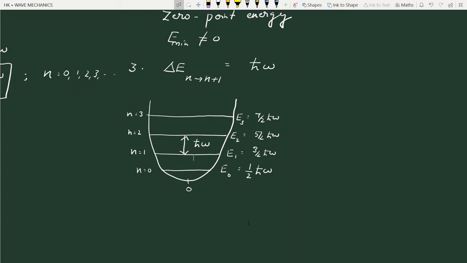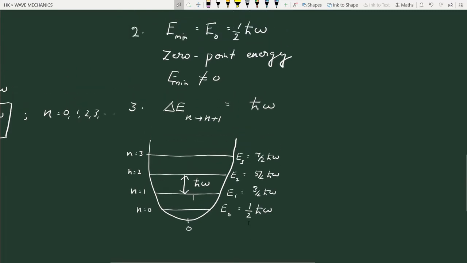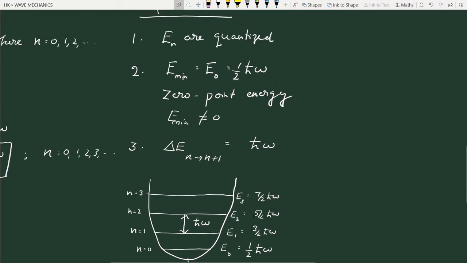Remember that in a particle in an infinite potential well, the spacing was increasing. The spacing between adjacent levels was, I think, 2n plus 1 times E1, where E1 is the ground state energy. So it was increasing like E1, 3 E1, 5 E1, 7 E1, etc. So here it is equally spaced. In the case of the hydrogen atom, you try to plot it and see what happens.